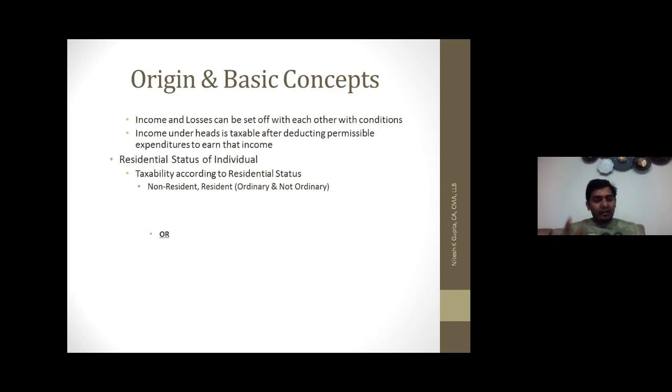In resident, there can be two subtypes: he can be ordinarily resident, or he can be not ordinarily resident. So there are a total of four types of residential status. Let's start with the first one.